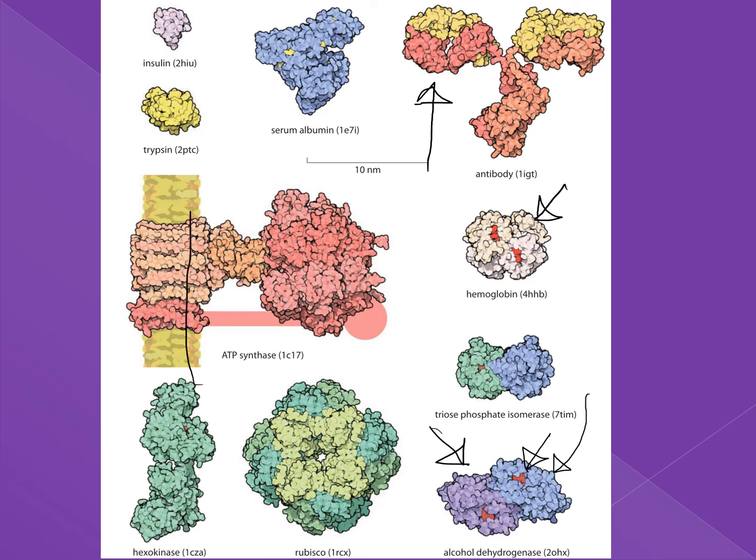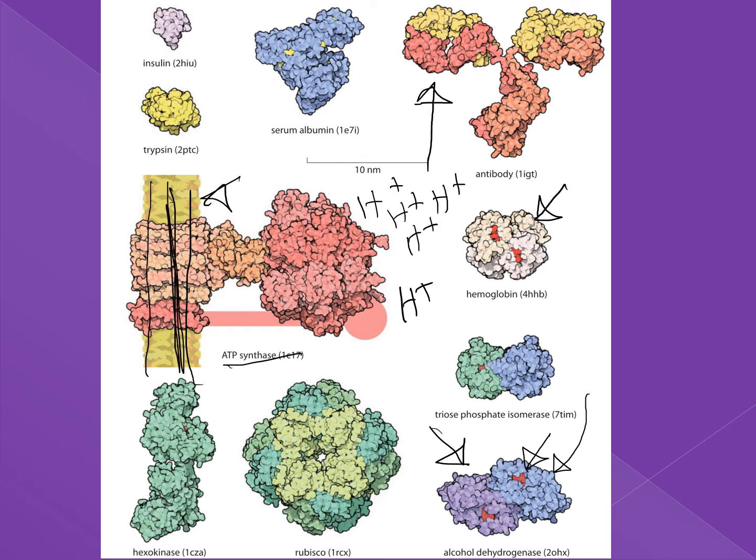Over here, this is a big one for our next chapter, which is respiration. This is ATP synthase. And as I mentioned earlier in this program, one form of free energy is a concentration gradient on one side of a membrane. So here, that's our membrane, the phospholipid bilayer.